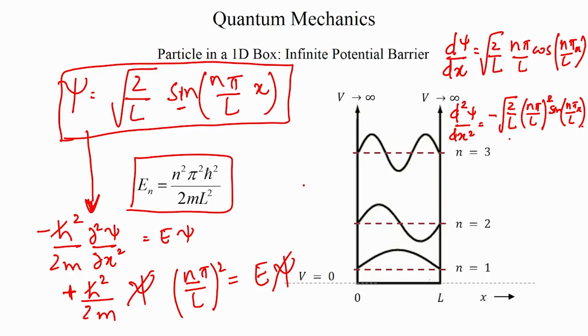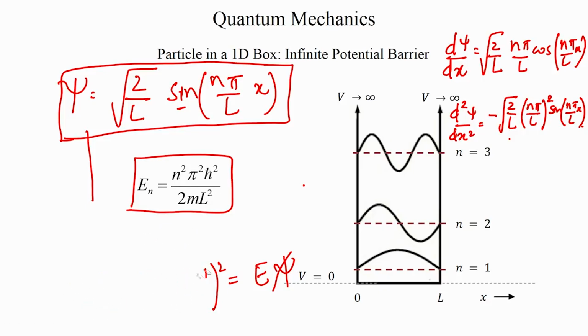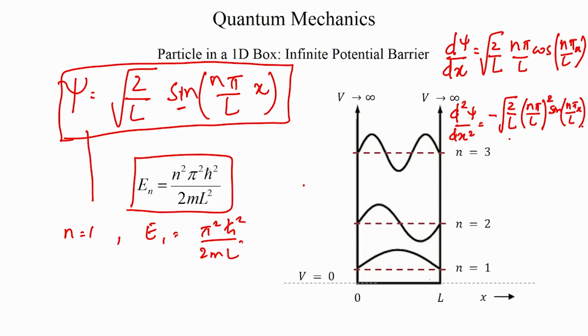The first thing you notice here is that the energy cannot take any arbitrary value, since n can only be integers. If my n is 1, my energy is pi square h bar square by 2m L square. If n is 2, my energy is 4 pi square h bar square by 2m L squared, and so on. So the first thing to note is that the energy is quantized.